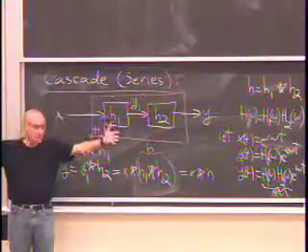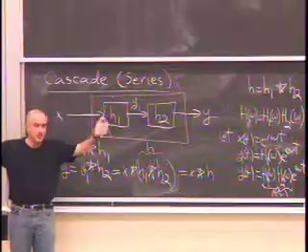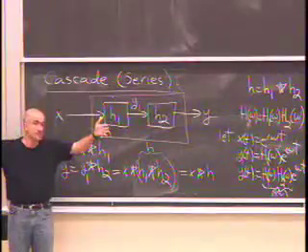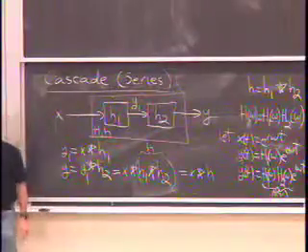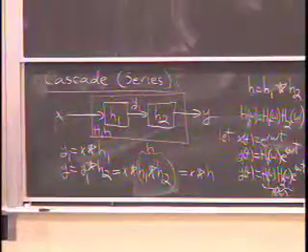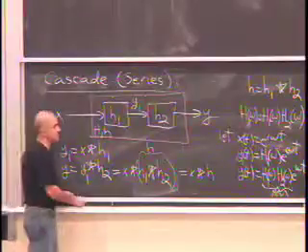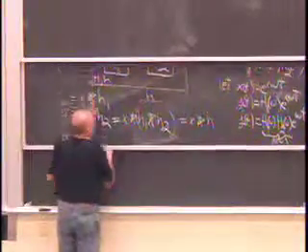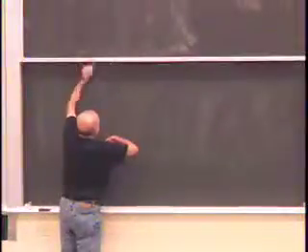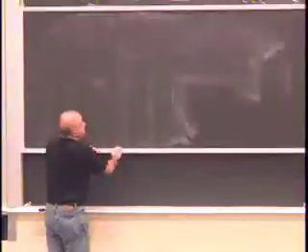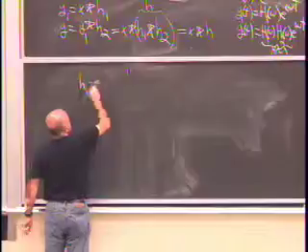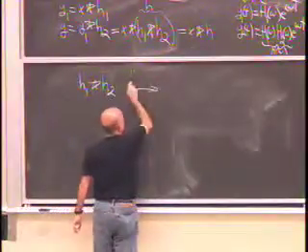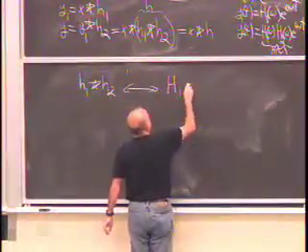You get a polynomial of order n plus m, and the coefficients of that new polynomial are obtained by convolving the individual coefficients of the two polynomials that you multiply. And you get it by this relationship, that convolution in time is multiplication in frequency.